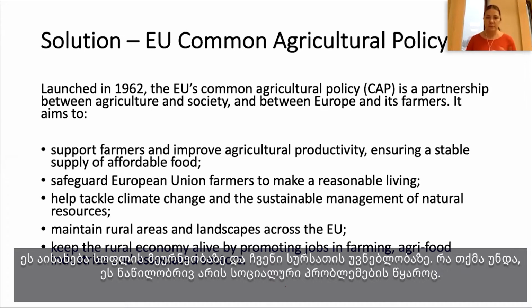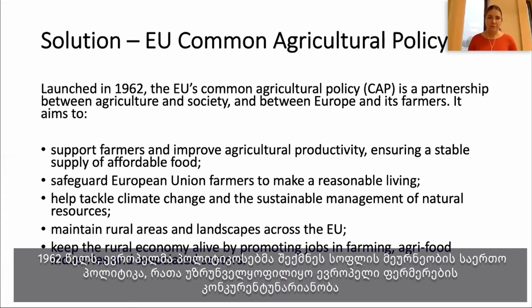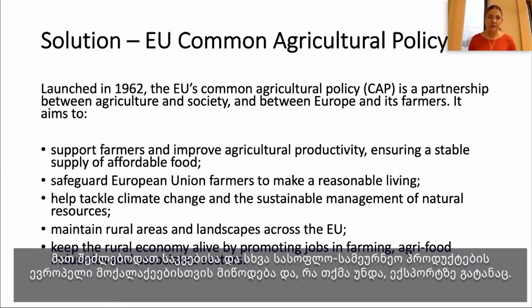So, of course, the social problems occur as well. In 1962, the European policymakers invented the Common Agricultural Policy to make sure that European farmers are more competitive, that they can provide food and other agricultural products to European citizens, and of course to export as well.